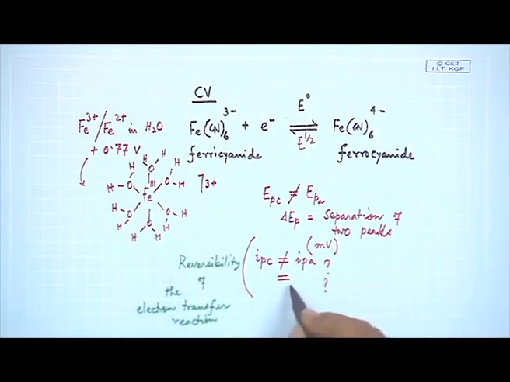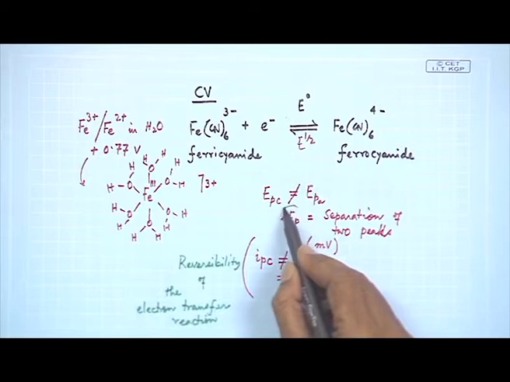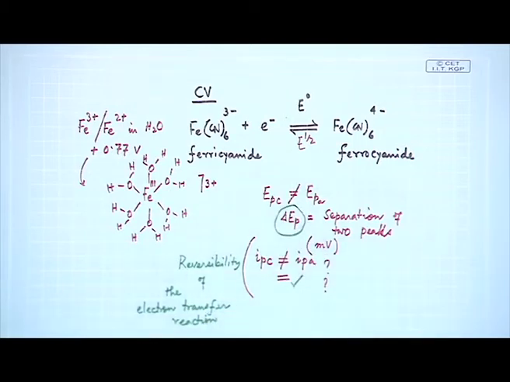So, if both of them are the same, that means IPC is equal to IPA, we will have a reversible electron transfer reaction, and a very small magnitude of delta EP will also tell the nature of the reversibility.